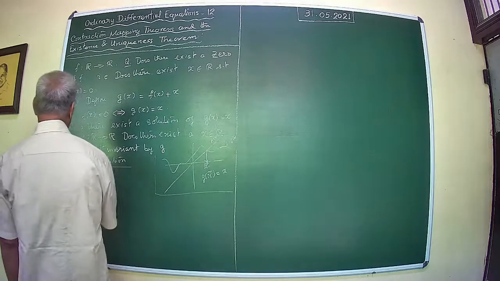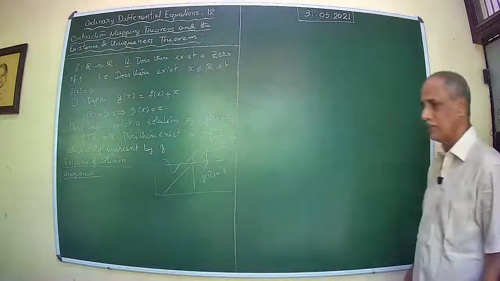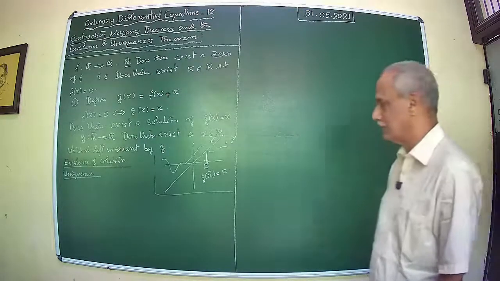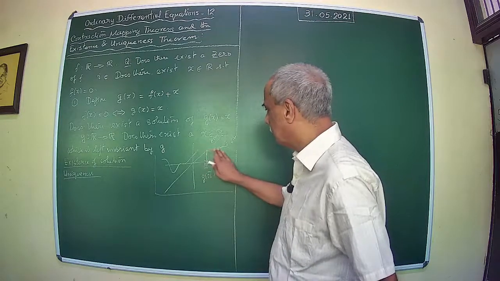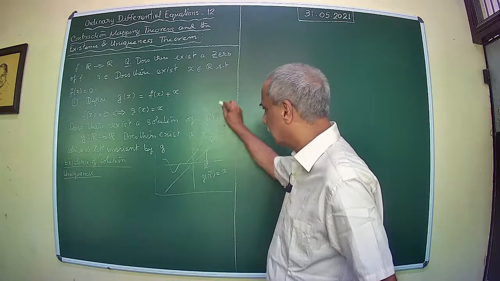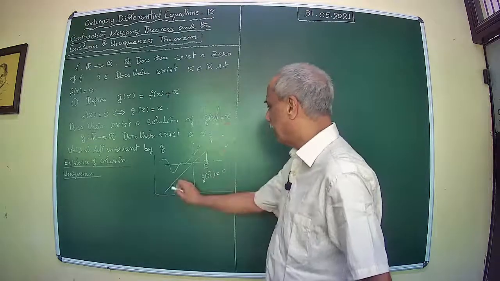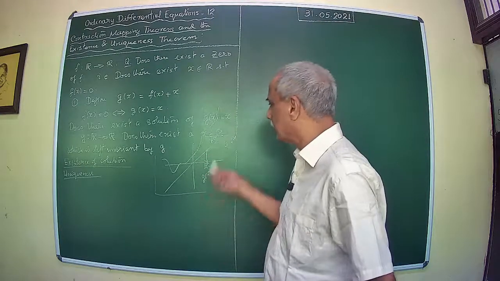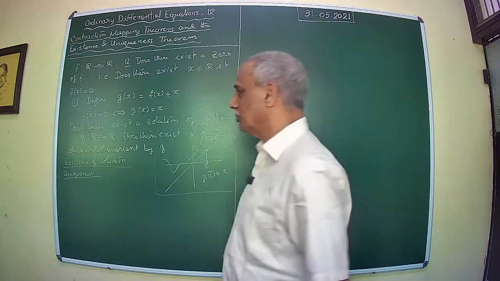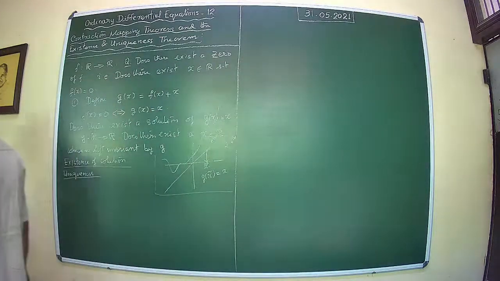So if you simply take one g and then work with it, you may not get a solution at all. That's what I said. Okay. For example, if your g is something like this, or you take a line which is parallel to this line, not passing through any point on this, there may be no solution at all. Okay.